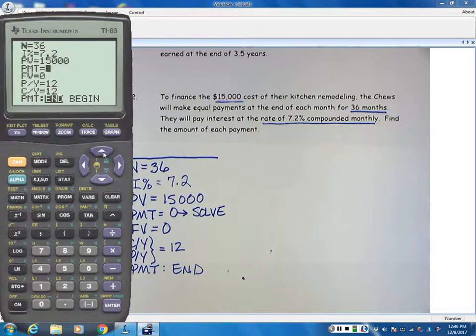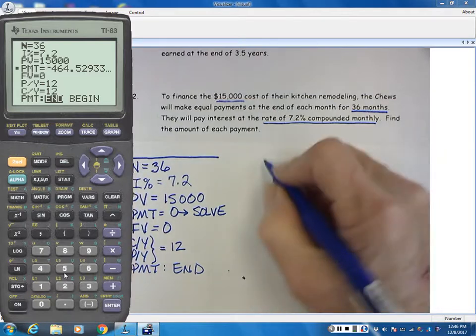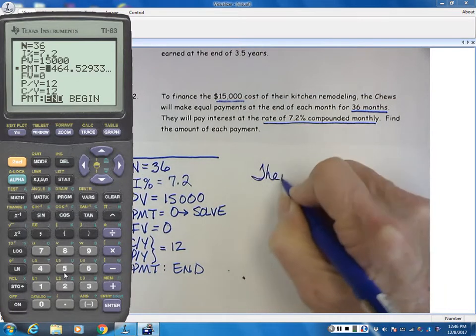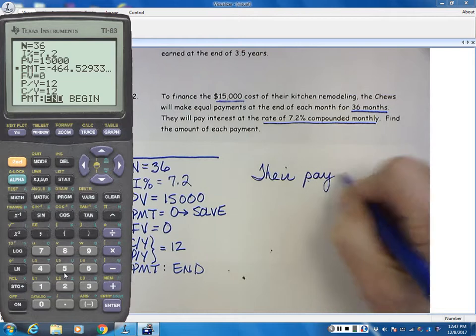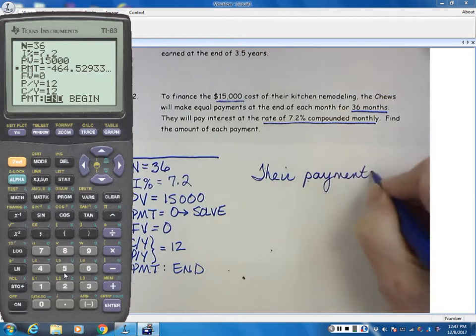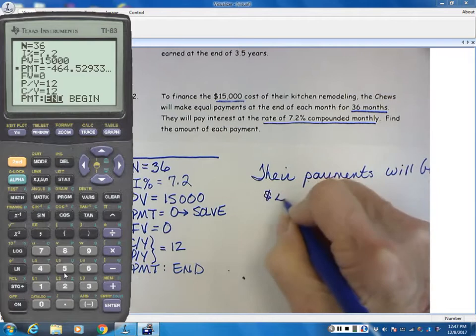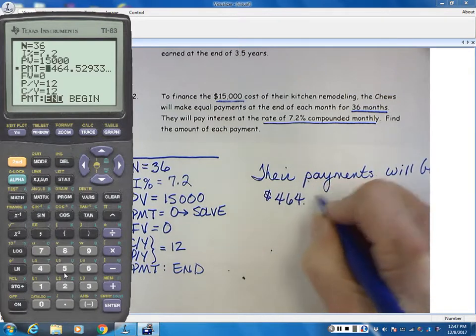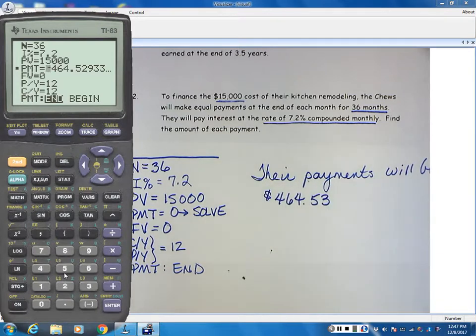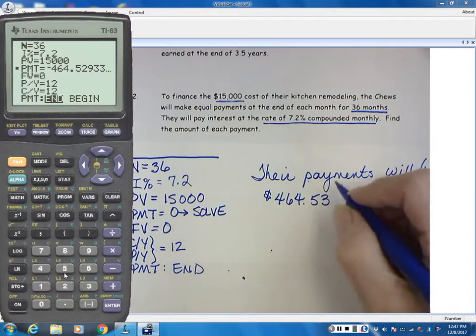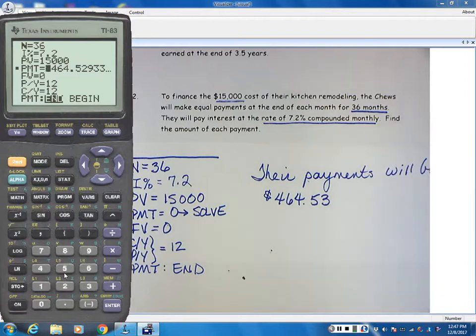So then we'll solve for the payment amount. And the payment amount is $464.53. I'm sorry, 53 cents.